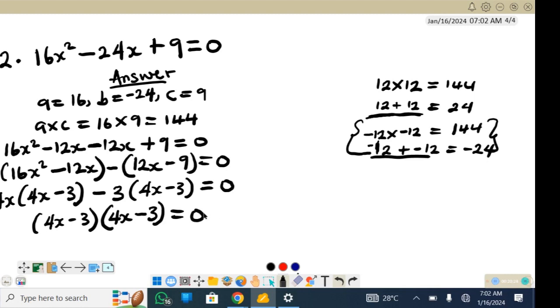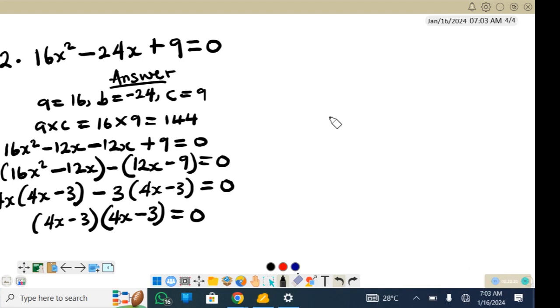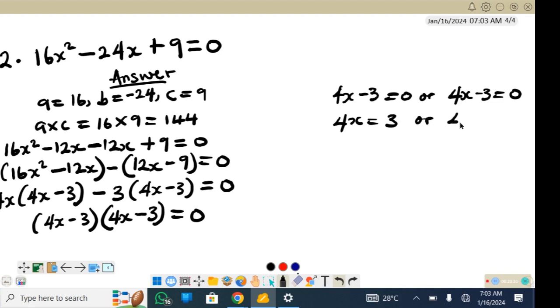And the next step now is to solve for s. Okay, let's finish it up here. So you can see that we have 4s minus 3 equal to 0, or 4s minus 3 equal to 0. So that will give us that 4s equals to 3, or 4s equals to 3.